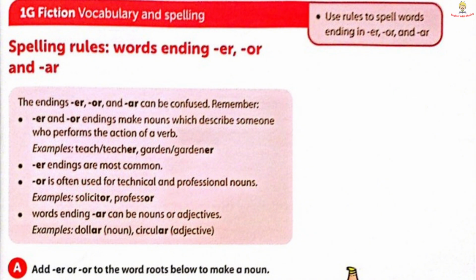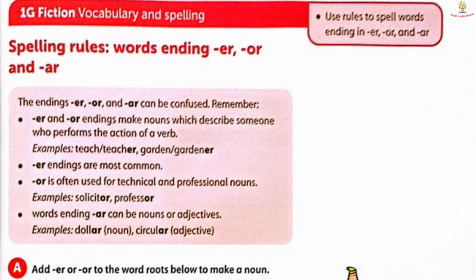So the endings er and or make nouns which describe someone who performs the action of a verb. Second rule is er ending is most common. So the ending er is mostly used. Or is often used for technical and professional nouns. For example, solicitor, professor. So when we use or it becomes a professional noun.